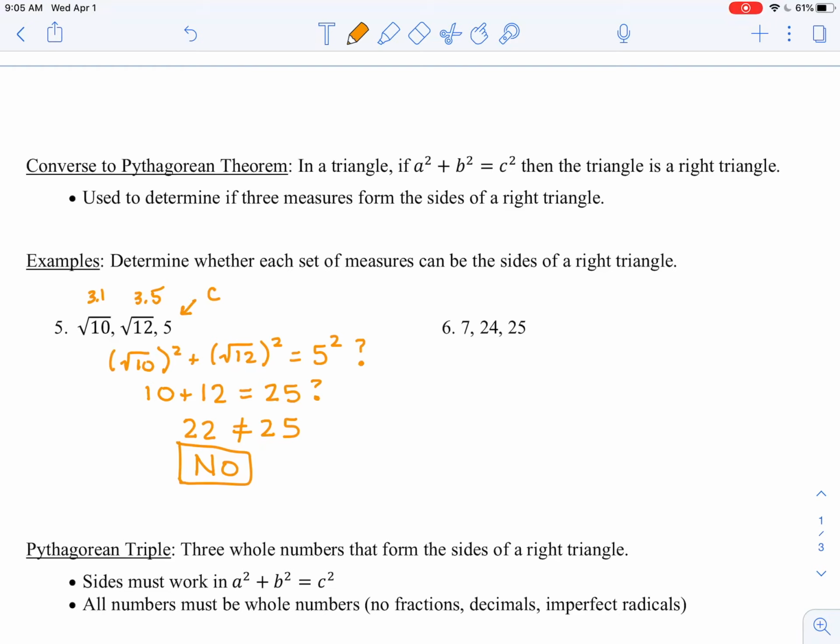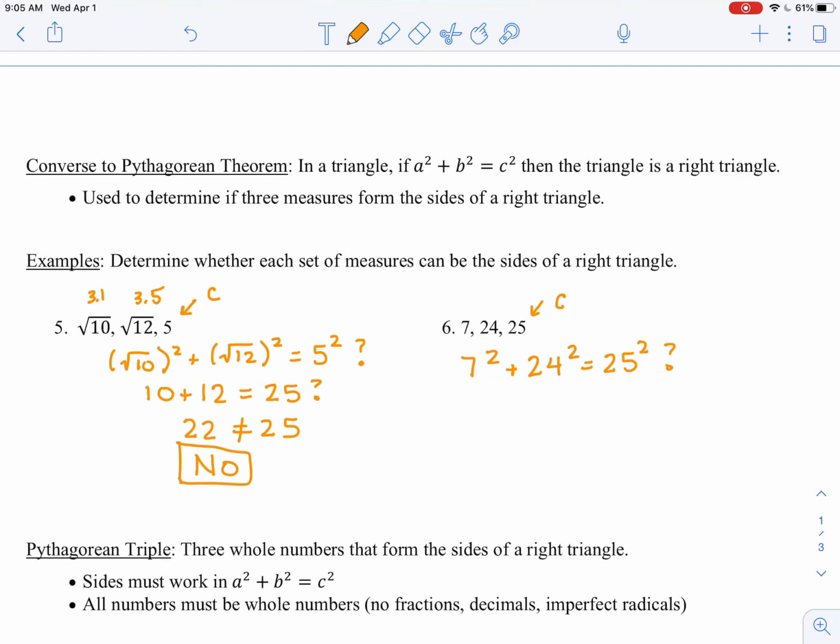Let's do the same idea for question number 6. The longest side, the biggest number, has to be the c. So I plug all 3 values into Pythagorean theorem. Here we have 7 squared plus 24 squared.